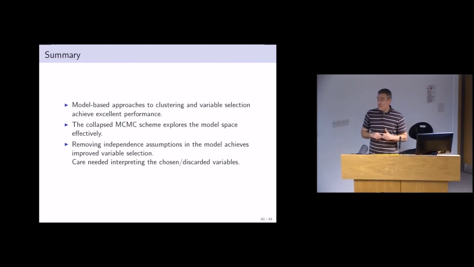But we found, even in a regression context, that taking one of the variables you currently consider to be useful and one of the variables you currently consider to not be useful, and swapping them to see whether you get a better fit or not, really improved the results in terms of stability. We consistently got very similar results from totally different starting values. So we're quite confident now that the results are stable, where we weren't previously.